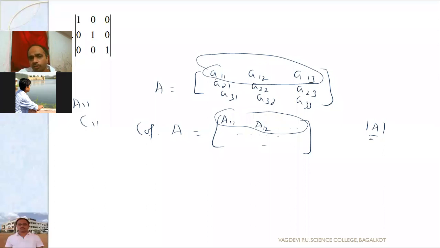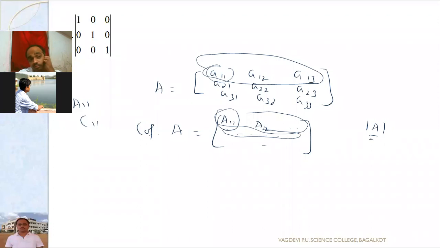But if you take the first row here and the second row in the cofactor matrix, the sum means you have to add products. Which products? The element and its cofactor. So what is the element? a11 is the element in the given question. What is capital A11? Capital A11 is the cofactor.